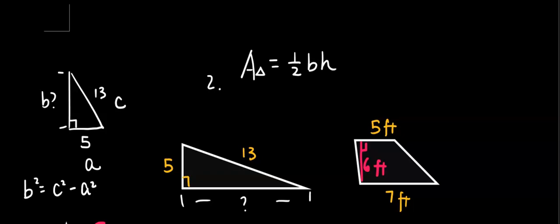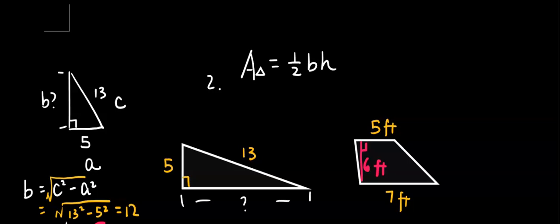Since we only want B, we're going to say B is the square root of C squared minus A squared. Therefore, we're going to say 13 squared minus 5 squared. That is 12.